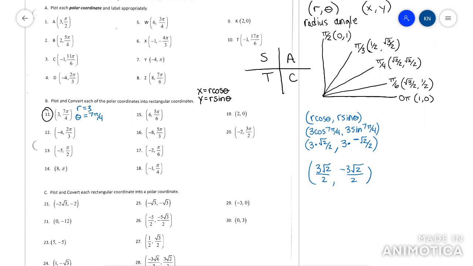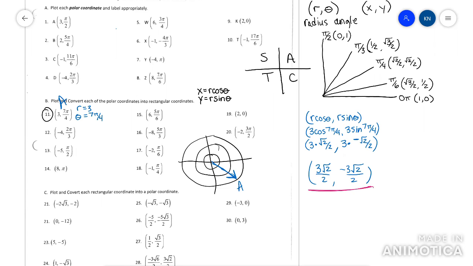Just like that. And then one more thing I'll do is I'll kind of think to myself, okay, if the original was at 3, 7 pi over 4, that's 1, 2, 3 loops with 7 pi over 4 rotation, puts it here. We'll call it A. Here's A. I'll check it against my new one.